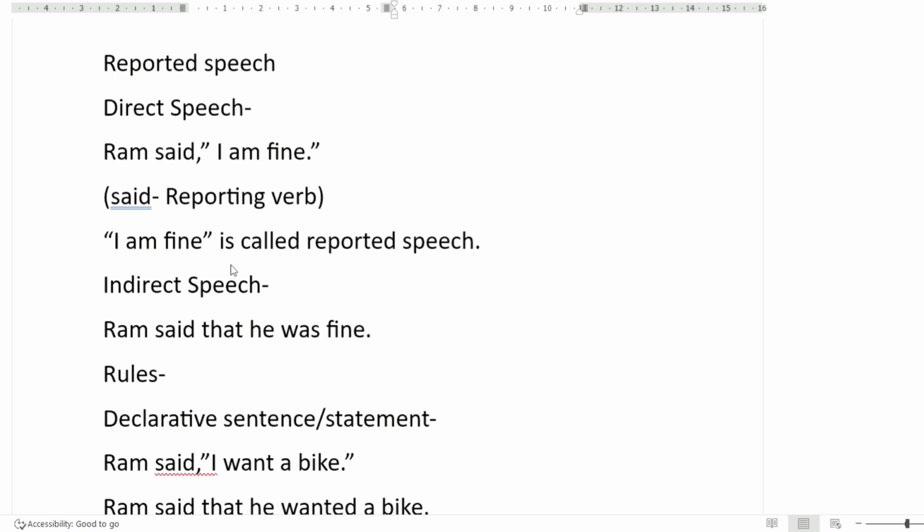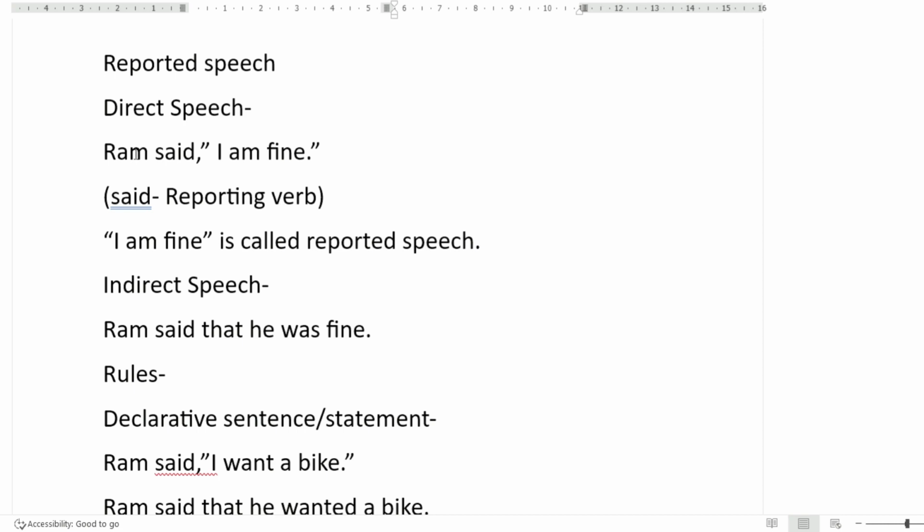Now, there are two types of speech. The first type is direct speech, where we use the exact words spoken by the speaker. The characteristic of direct speech is a comma and double inverted commas. The verb which is before the comma is known as the reporting verb.